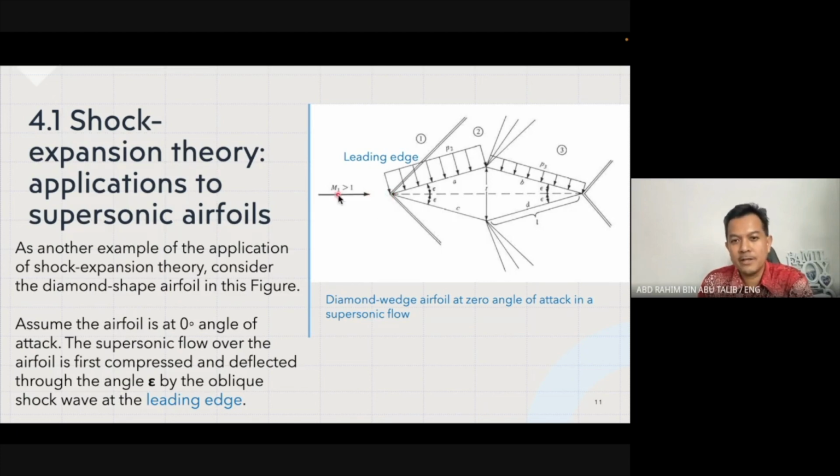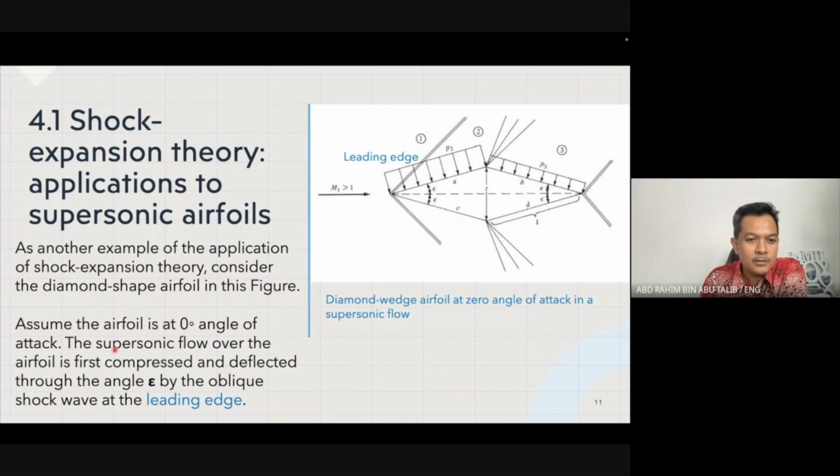That's why we can see that the free stream flow coincides with the front or the leading edge of the diamond wedge model here. So assume the airfoil is at a 0-degree angle, that is, there's no value of alpha.